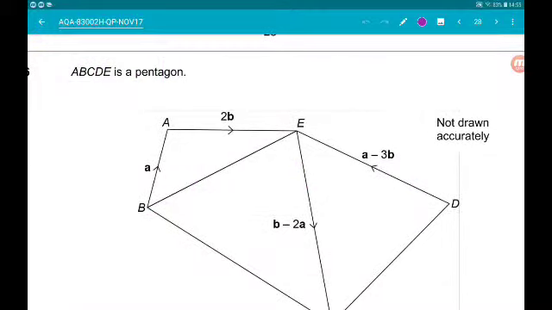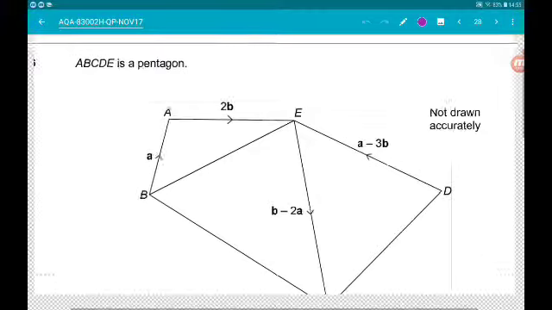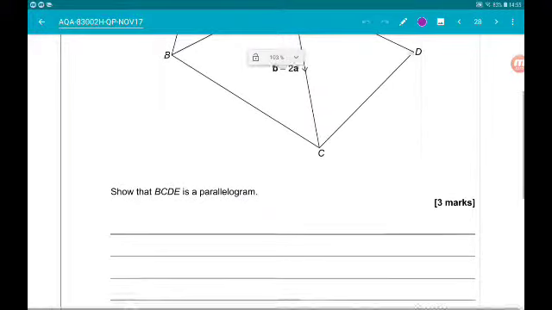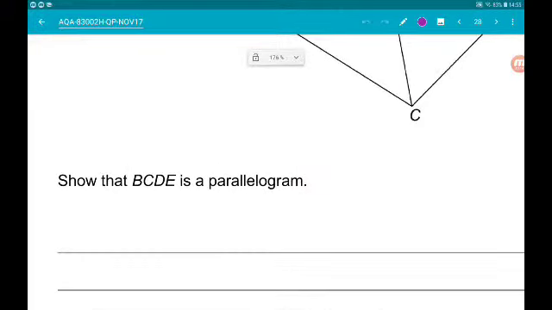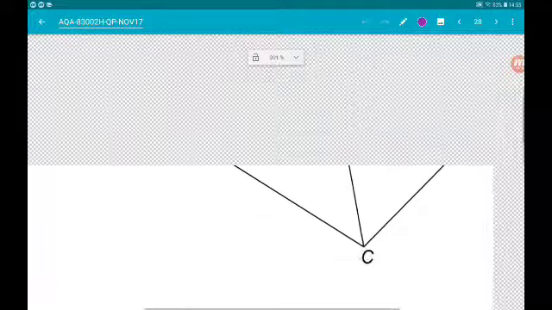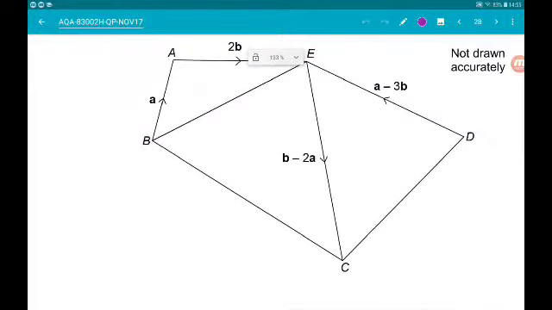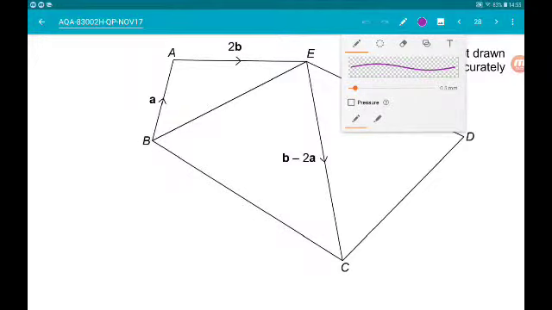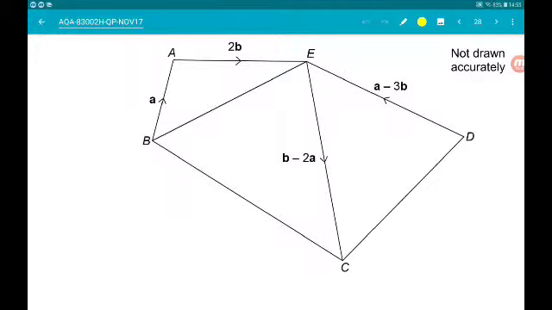Okay, question 26, we got vectors, yay. So, ABCDE is a pentagon. Our job is to show that BCDE is a parallelogram. So, first up, where is BCDE? It's this shape here.